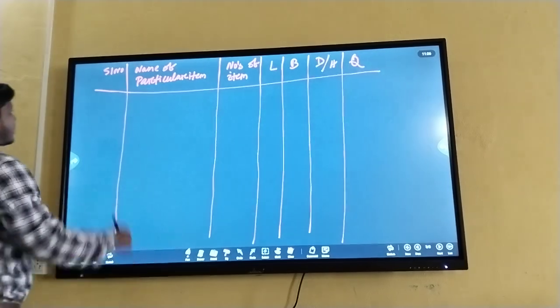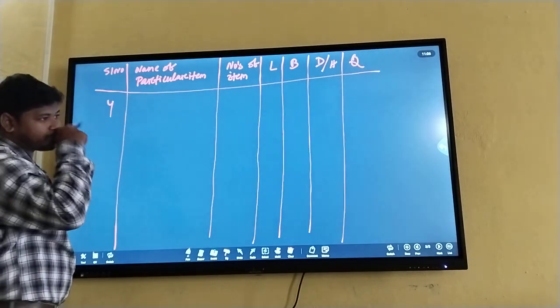So in serial number 4, we can calculate the quantity of plinth.